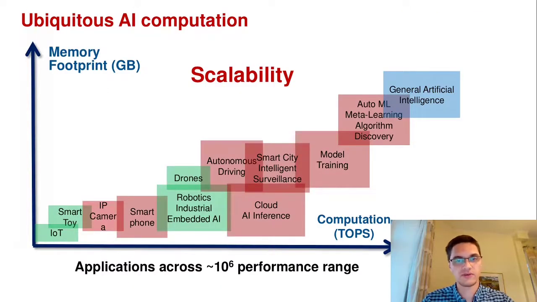Given the 6 orders of magnitude of performance range between the fields that you want to cover, you inevitably come to the dilemma of choosing between creating a specific architecture for every field, or choosing a unified architecture across the fields, which must be scalable enough to adjust to all the fields.